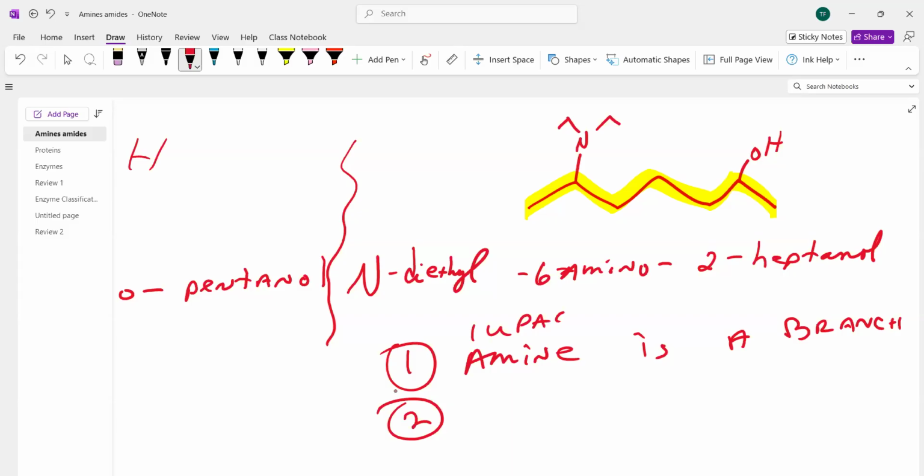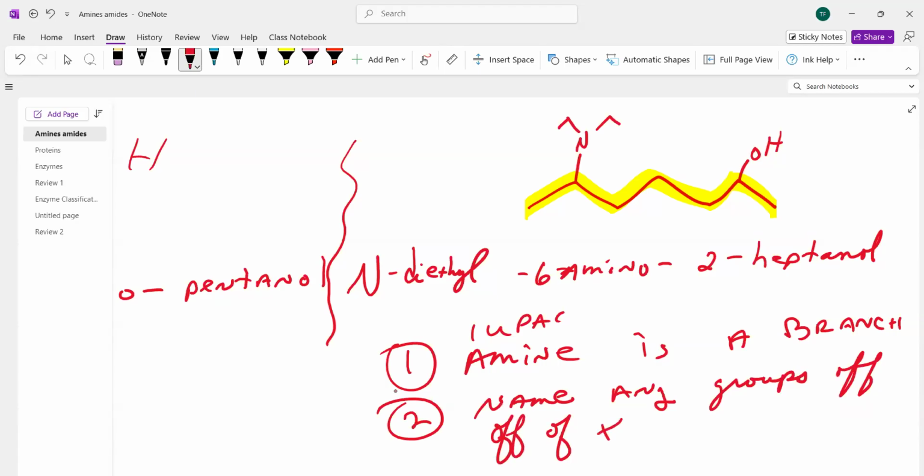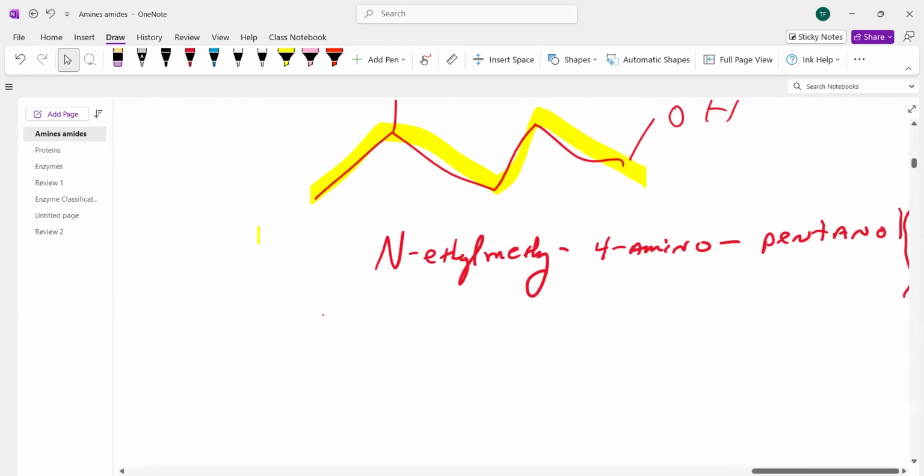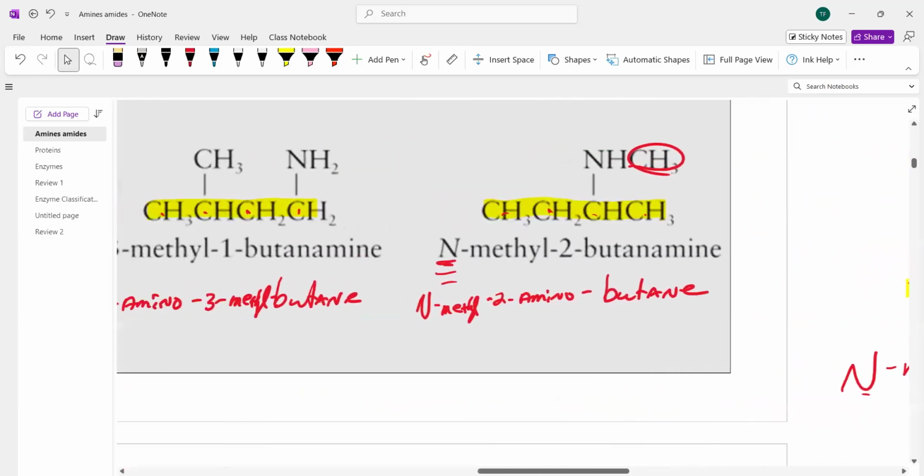Number 2, you have to name any groups off of the amine with an uppercase italicized N. Okay, so any questions about that naming?